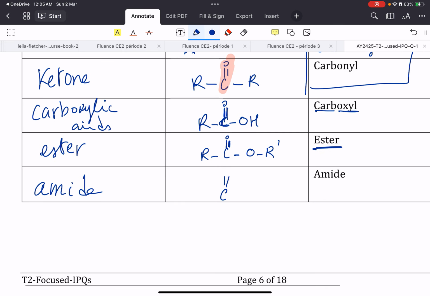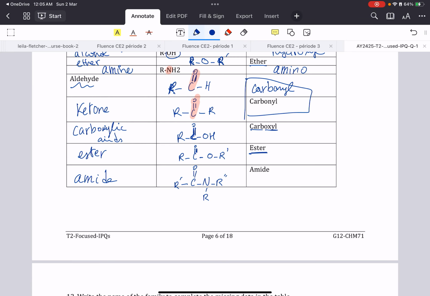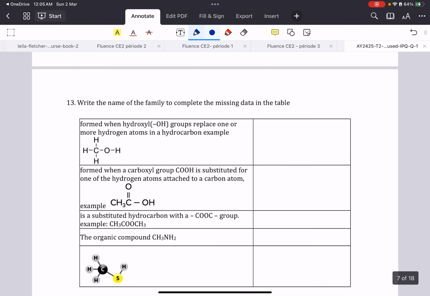Amide, it's a C double bond O connected directly to an N group. Now this N can be bonded to carbons and can be bonded to hydrogens. So I'm going to write R like that. Or I can simply leave it without drawing the R.